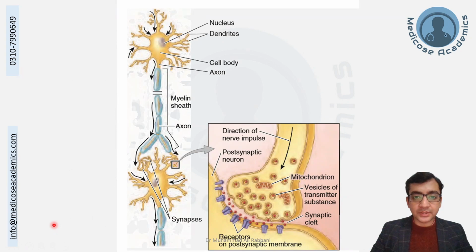This is an example of the synapse, where an axon makes connection with the next neuron. The axon makes connection with the dendrites. The terminal part of the axon is expanded, the bouton, and it contains a large number of vesicles holding the transmitter substance. The two neurons are not technically touching each other.